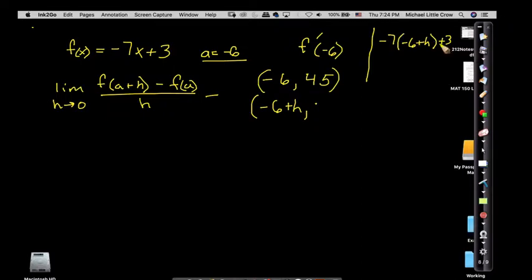I distribute the negative 7 and get positive 42 minus 7h plus 3. Is that okay so far? Combine the like terms, 42 plus 3 is 45, minus 7h. So that's the second point.